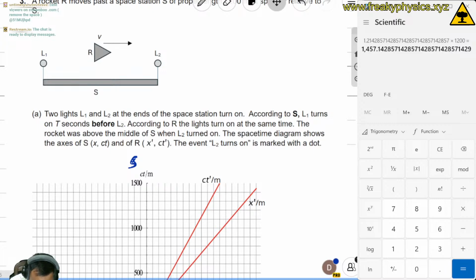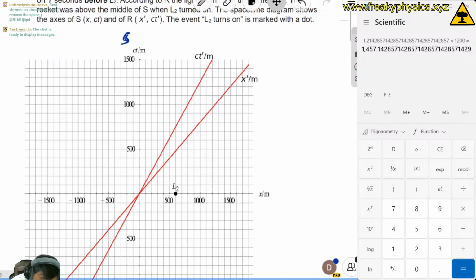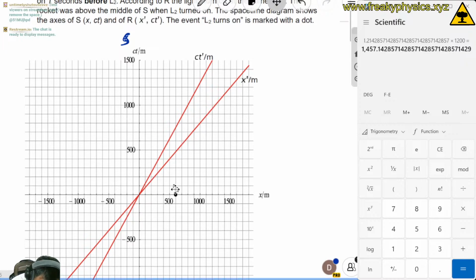Okay, we will do this here. So according to the rocket here, that's our rocket, these happen at the same time.